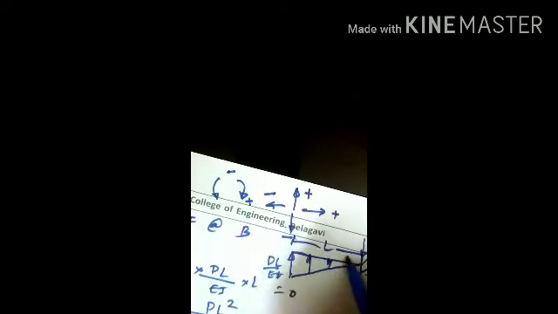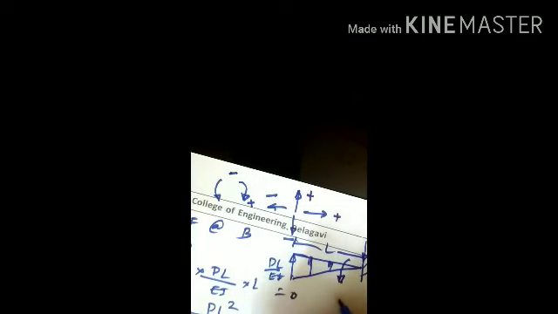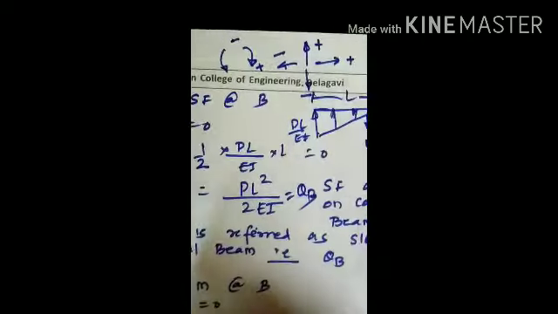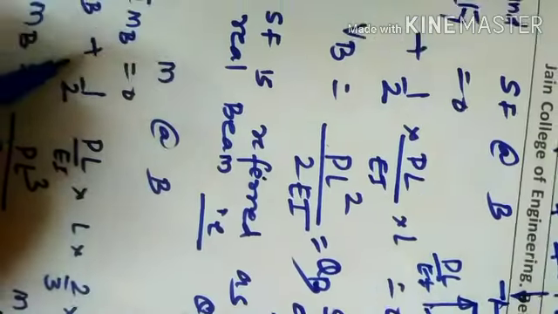When I consider moment with respect to B equal to 0, this UDL will try to rotate in clockwise direction. Resistance has to be in the anti-clockwise direction. And since this is a resistance rotation force, I call it MB. Since it is in anti-clockwise direction, it is minus MB. Then the other one is positive.